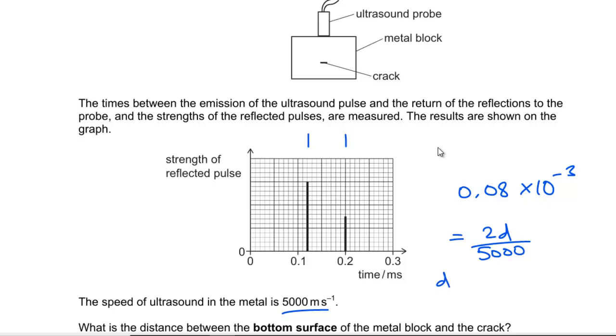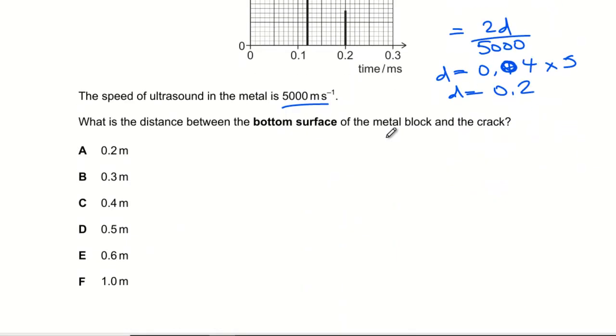So the distance then is going to be 0.04, and then multiply by the 5,000, and all those zeros are going to cancel. So we're just doing 5 times that. So D is going to be 0.2 meters, which is A. Okay.